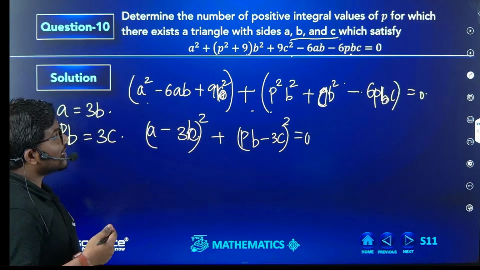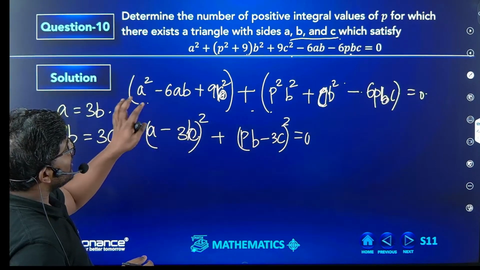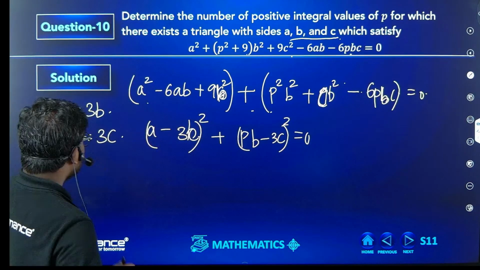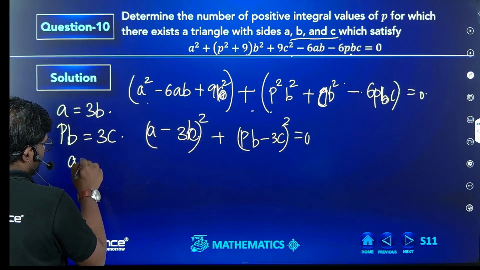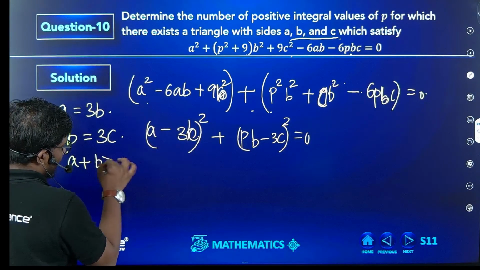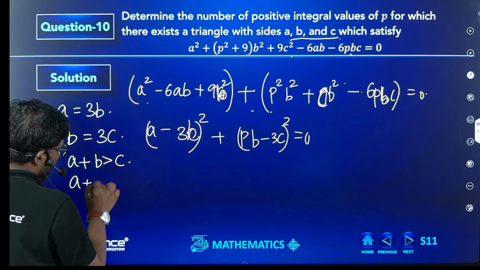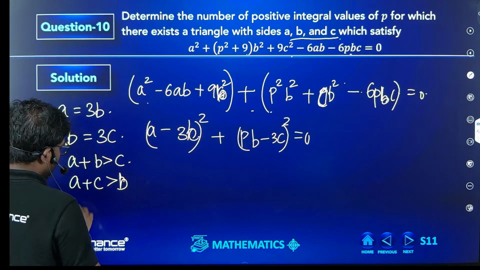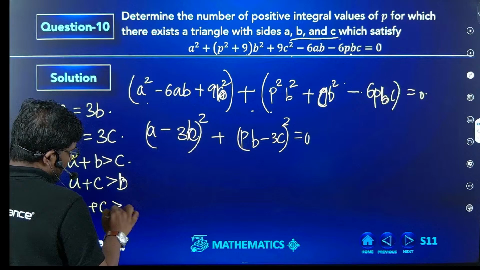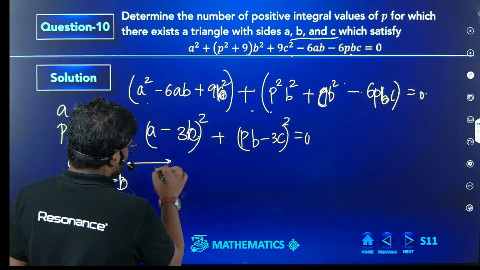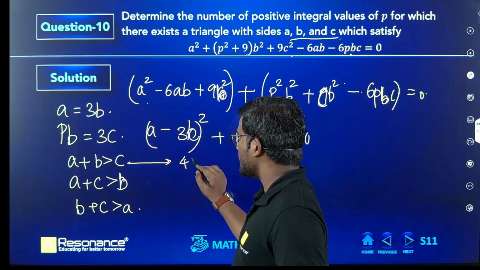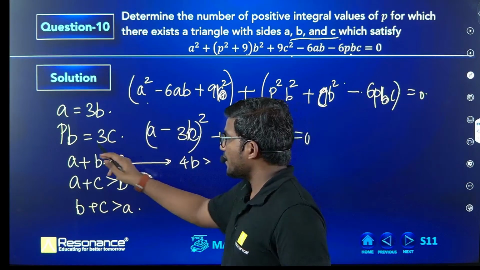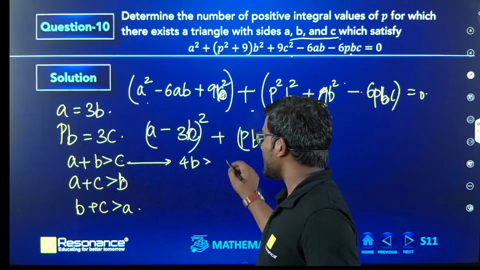Now, since it's given that it's a triangle with sides A, B, C, the triangle rule states: A plus B is greater than C, A plus C is greater than B, and B plus C is greater than A. So from the first inequality we get A plus B is 4B, and 4B is greater than C, where C is PB by 3.